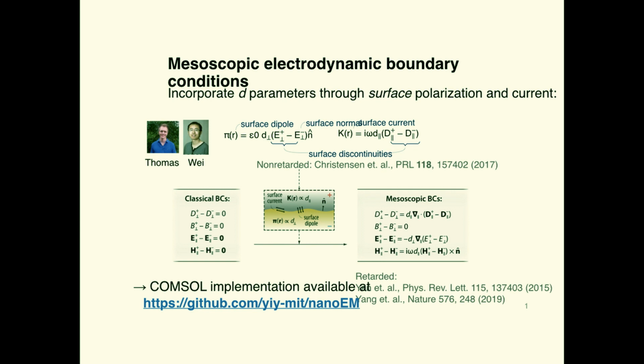And if you put this extra source term in Maxwell's equations, you can self-consistently get an equivalent boundary condition, given by this. It is revised from the classical boundary conditions into jump conditions that are proportional to the D parameters. And you can easily find that if you set the D parameter to be 0, these revised boundary conditions reduce to the classical boundary conditions. So where does it come from physically?